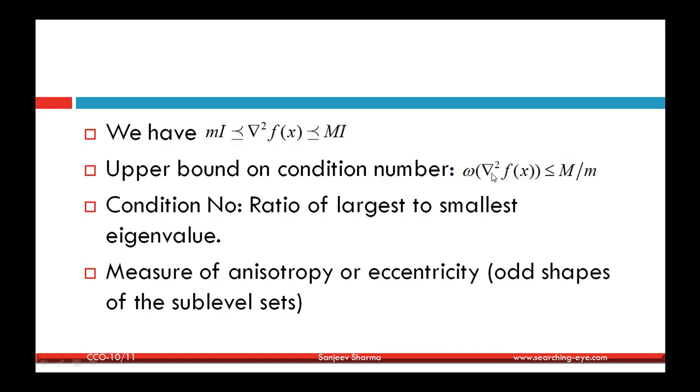I rephrase, this is not the condition number, there is an upper bound on the condition number of this Hessian matrix, and the condition number is the measure of anisotropy or eccentricity or odd shapes of the sublevel sets of the function near the optimal solution.